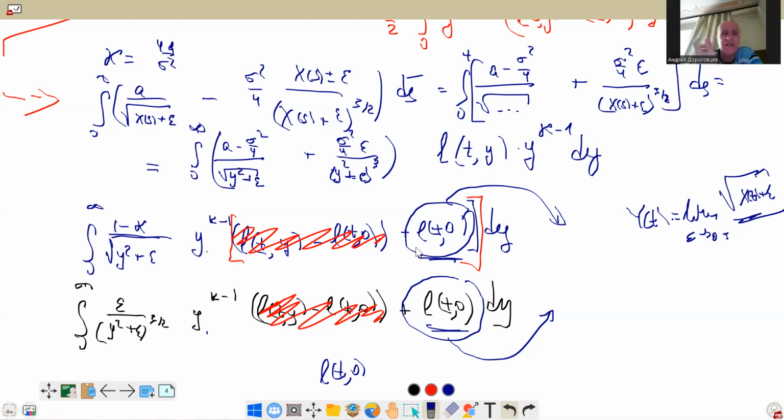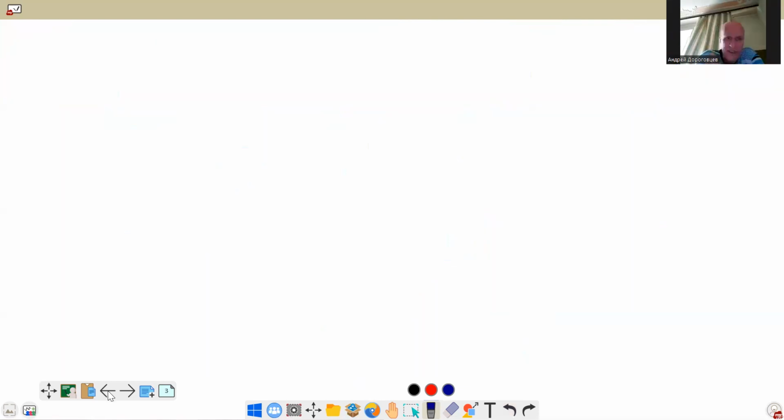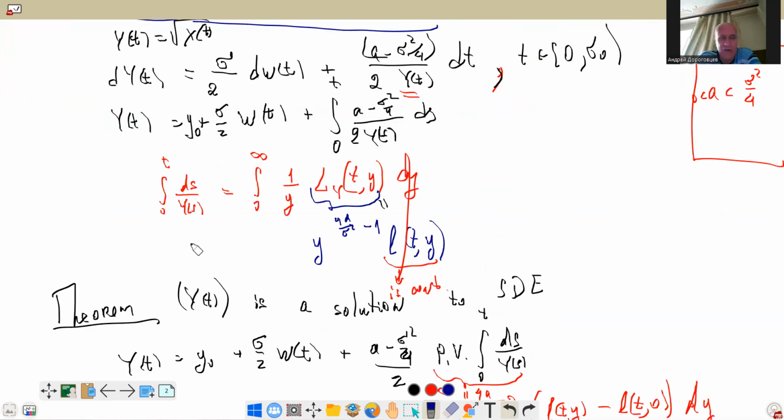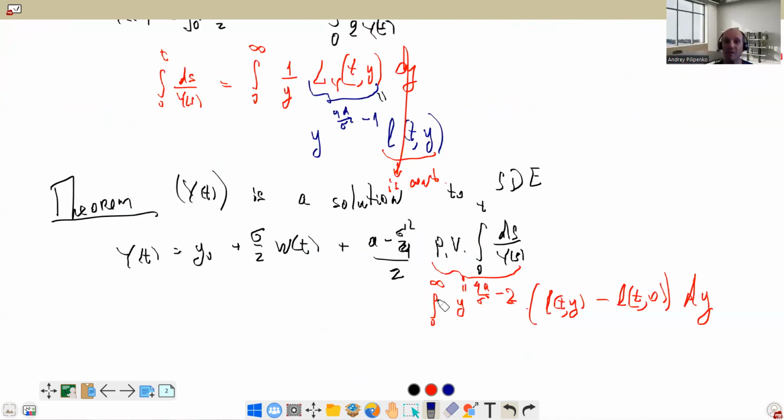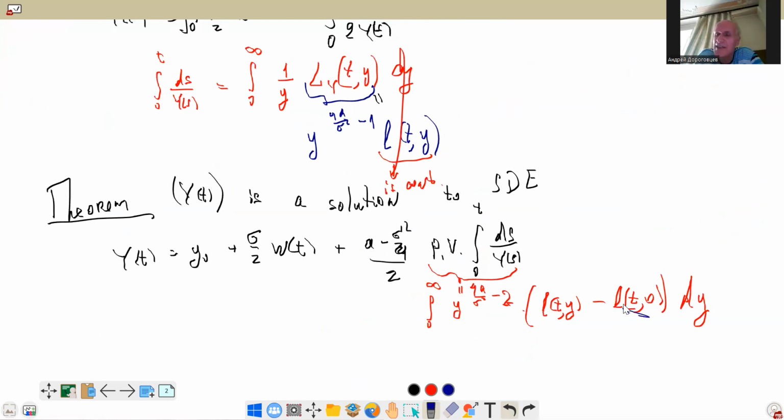But let us, can you just show us again the formula for the final statement? Okay. So we have a martingale plus the integral, and here the integral. The dependence on t is only in the local time in this difference. Without this, the integral is divergent. Yes, it is good.